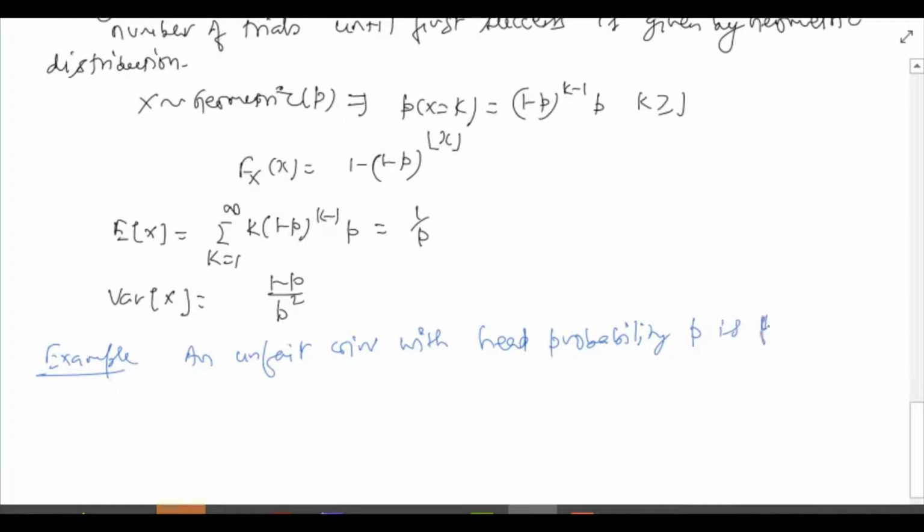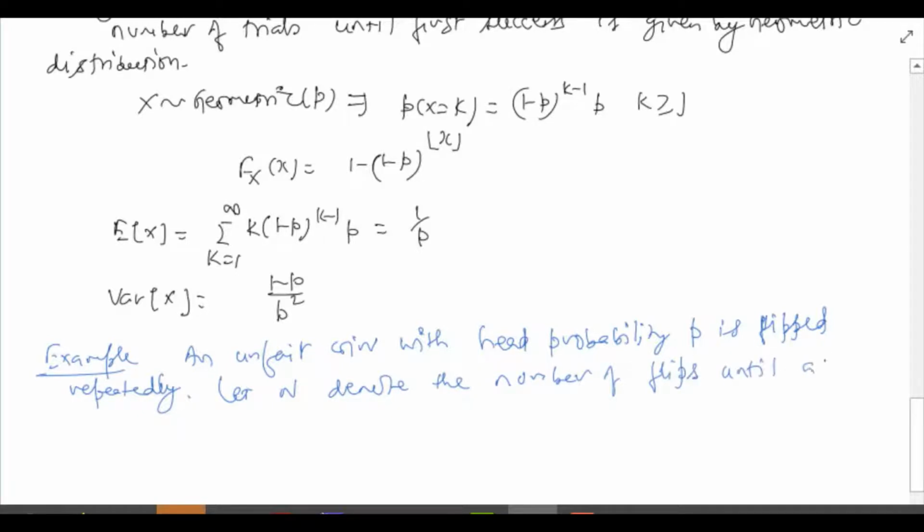Let N denote the number of flips until a head appears.